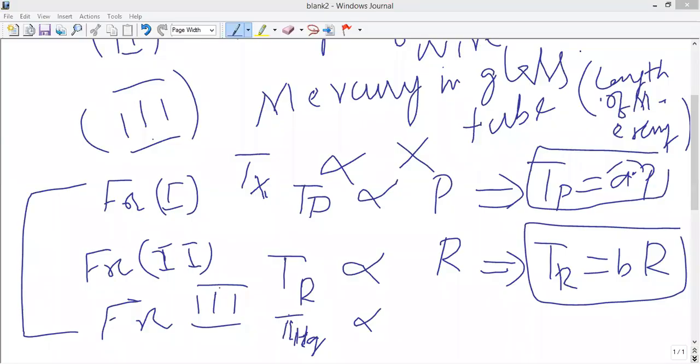The length of the mercury column is measured, so temperature is directly proportional to the length of the mercury column. Okay.